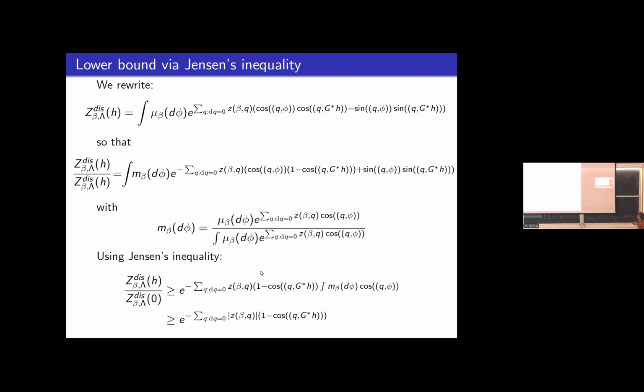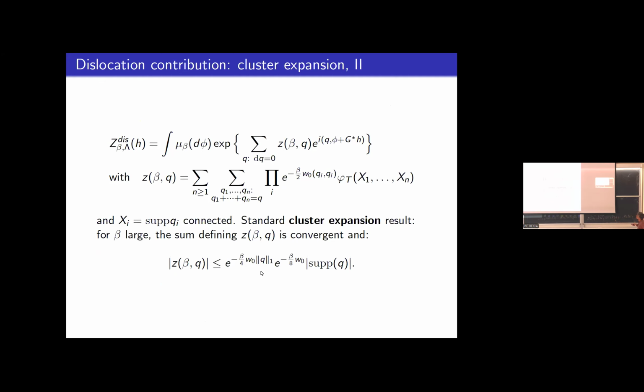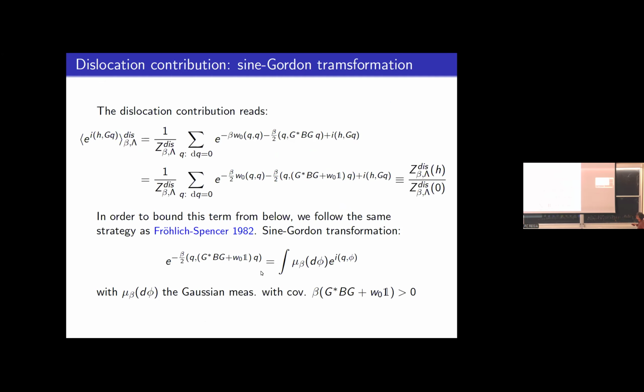Let me now isolate the dependence upon H. Remember that this is a rewriting of the numerator. We want to evaluate this H-dependent partition function divided by the H equals 0 counterpart.